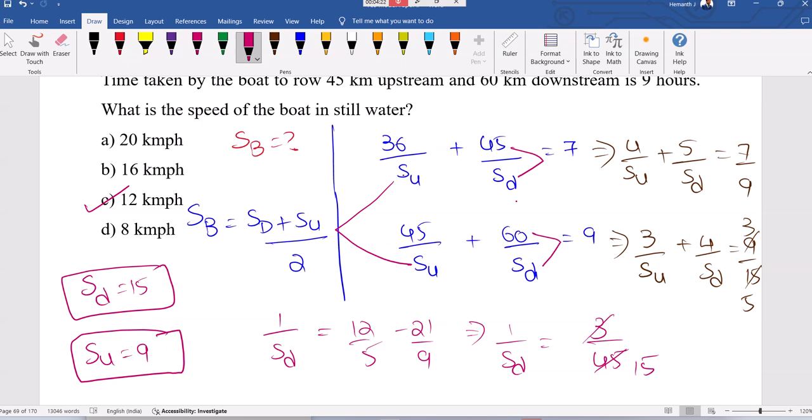SU should divide 36 and 45. SD should divide 45 and 60. Then adding integers, there is a chance. You can do trial and error like that also. Right, so this is the equation solving we did, but you can do the trial and error method as well.